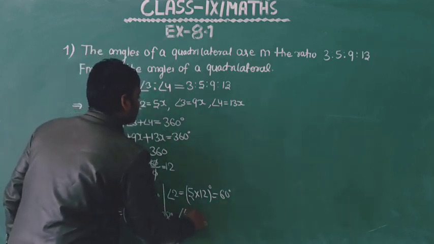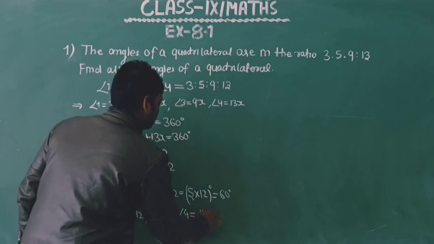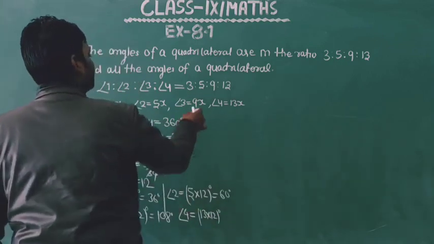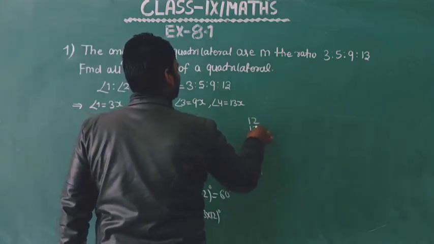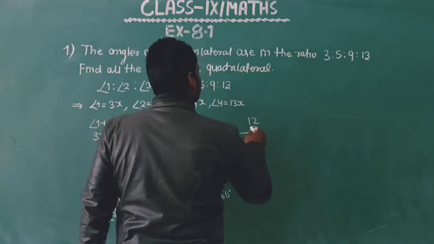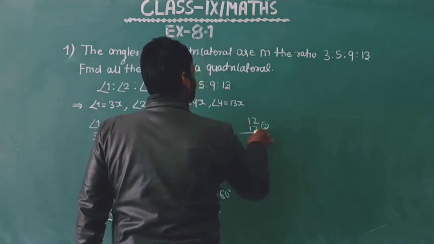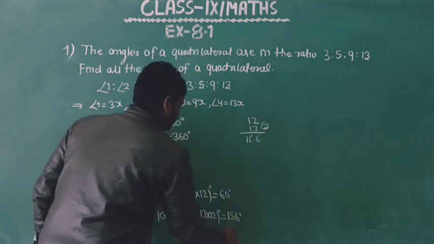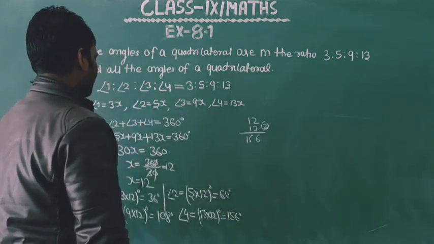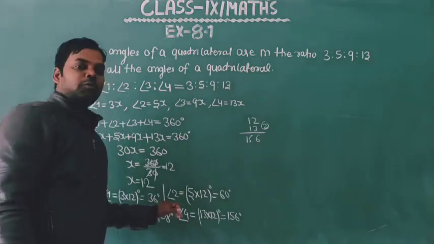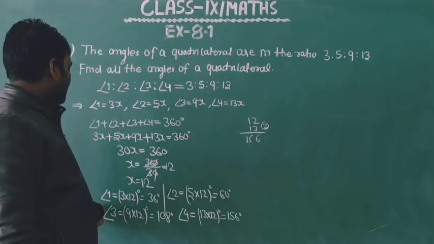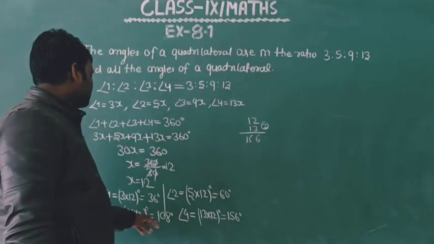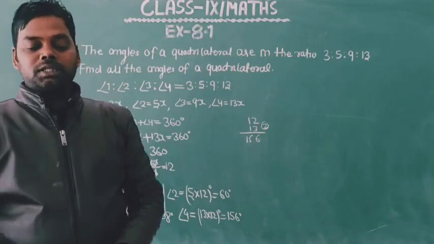And next, angle 4 equal to 13 into 12, which is 156 degrees. So these are all 4 required angles of the quadrilateral: 36, 60, 108, and 156 degrees.